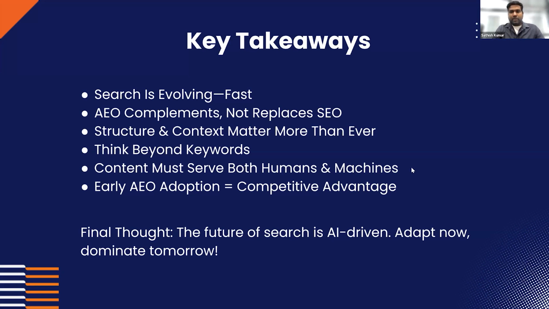And the key takeaway is, as I said, search is moving away. The answer engines are going to come. Again, the point is it's going to be a complement to the existing search. It's not going to replace it. For some keywords people are still going to use Google search, but there will be a big number of people using these instant answer engines, like ChatGPT, to get all this research information.